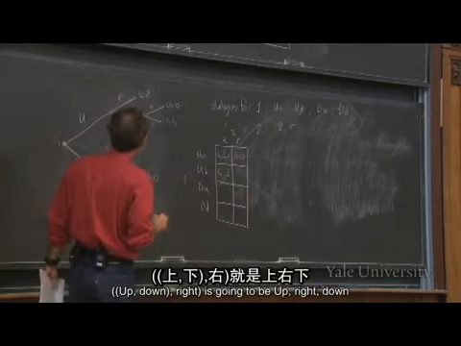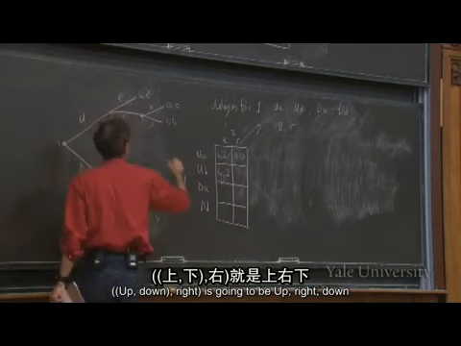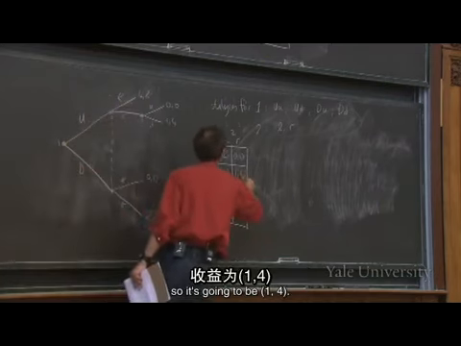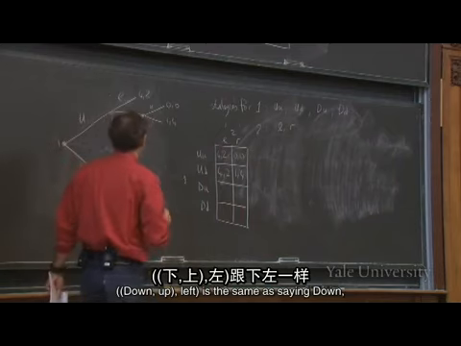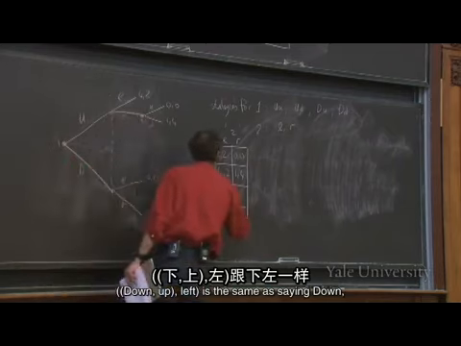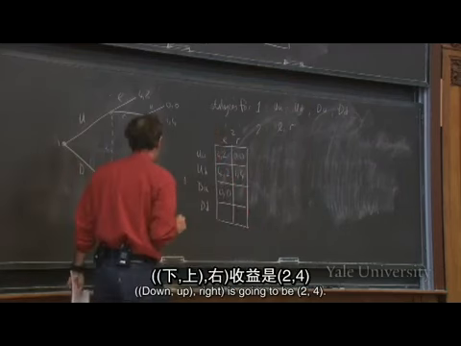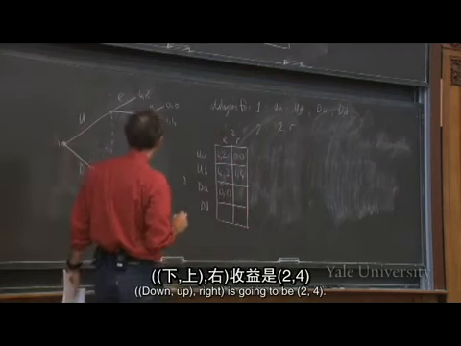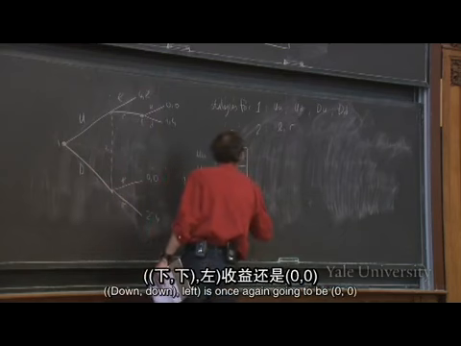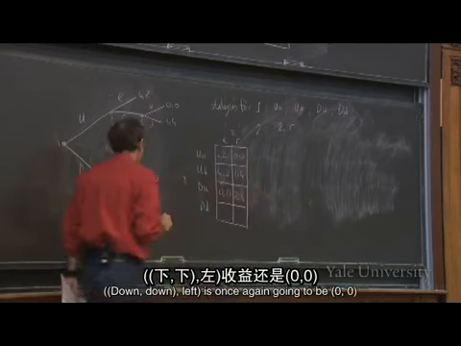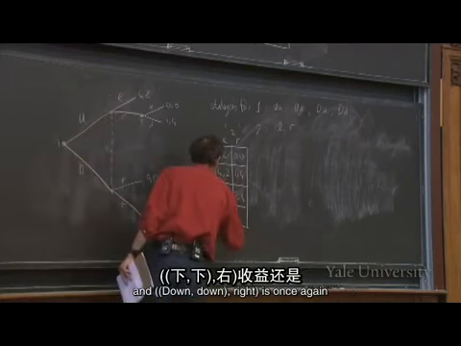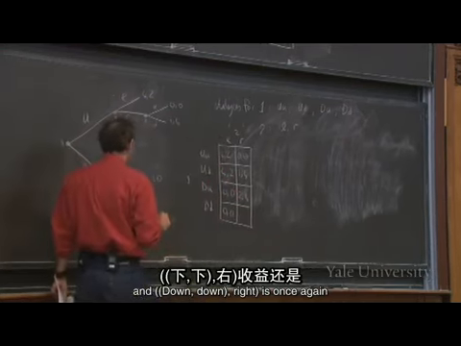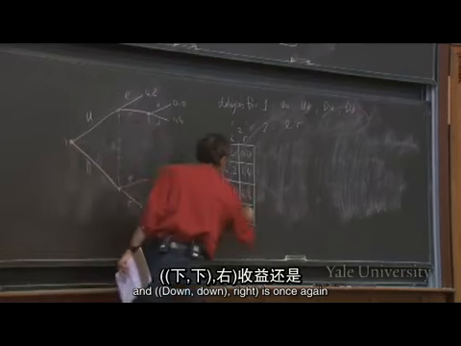Up, down, right is going to be up, right, down. So it's going to be 1, 4. Down, up, left is the same as saying down, left. So it's going to be 0, 0. All right. Down, up, right is going to be 2, 4. Down, down, left is once again going to be 0, 0. And down, down, right is once again going to be 2, 4.